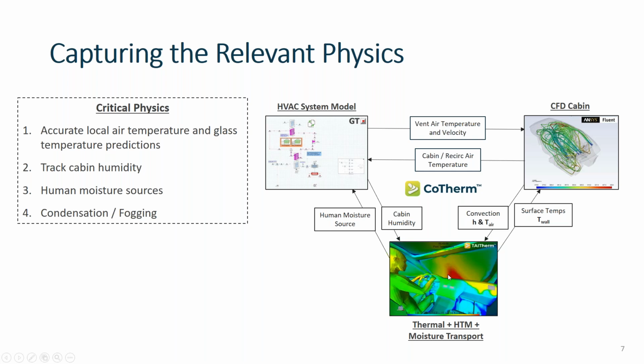Say you're running in defrost mode, you could pass a more representative humidity to this windshield, more representative of the actual moisture content coming out of the defrost vent. So there are things we could do to improve this simplified method for a heavy defrost mode case, for example.